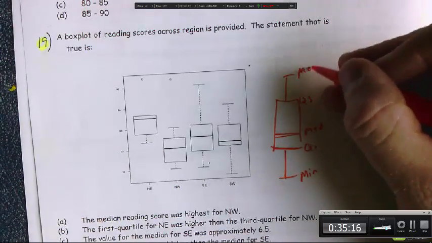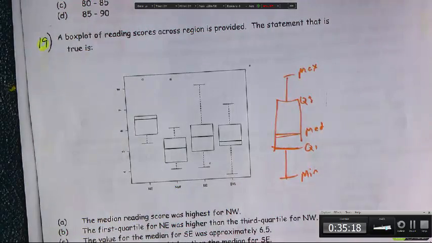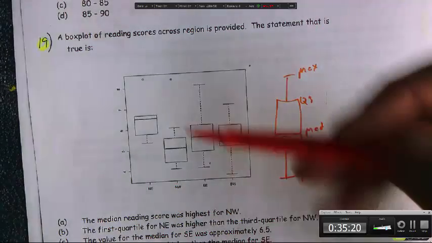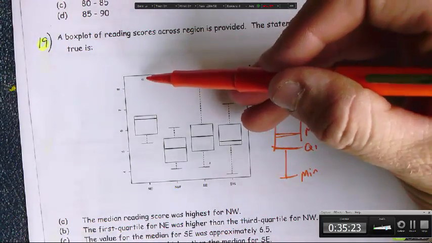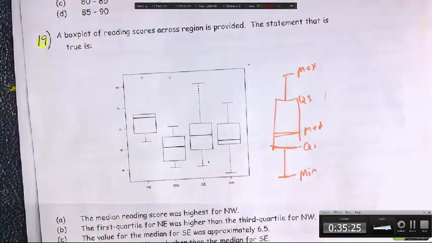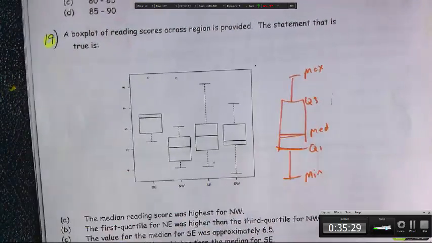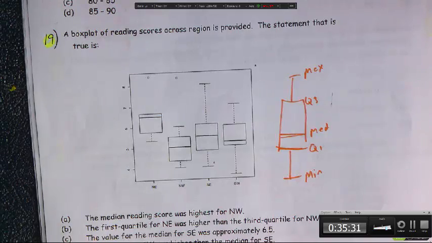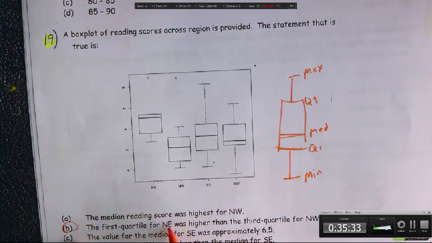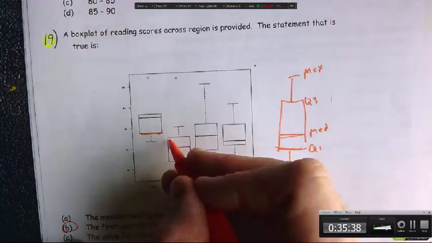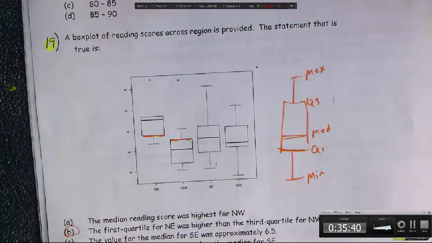Then Q3, and then the max. So did the first one just not have a max? It's up here. The max is an outlier. So, reading through this, B: the first quartile of northeast was higher than the third quartile of northwest. That is true. So it is B.